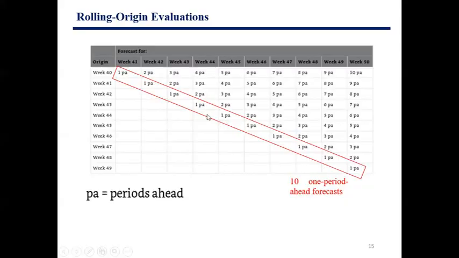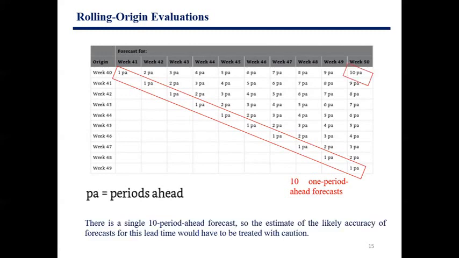But you can see here that now we have 10 one-period-ahead forecasts. It means we have 10 values for the accuracy of 1-period-ahead forecasts. And after, we have 9 for the 2-period-ahead forecasts, 8, 7, until we have only 1 value for the 10-periods-ahead forecasts.